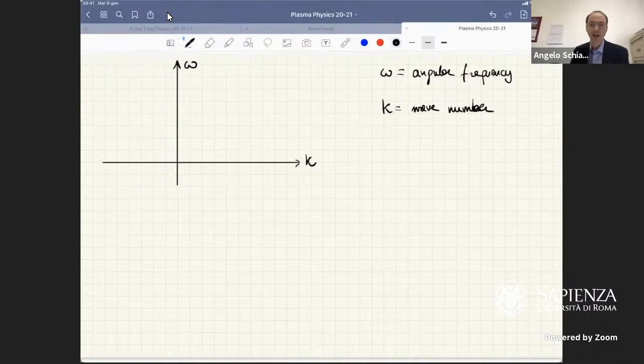These are, as you should know, linked to, for instance, the frequency of the wave.